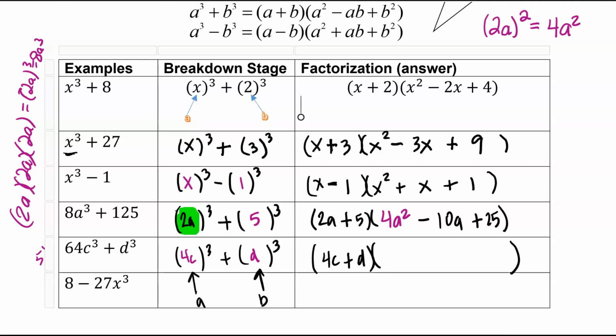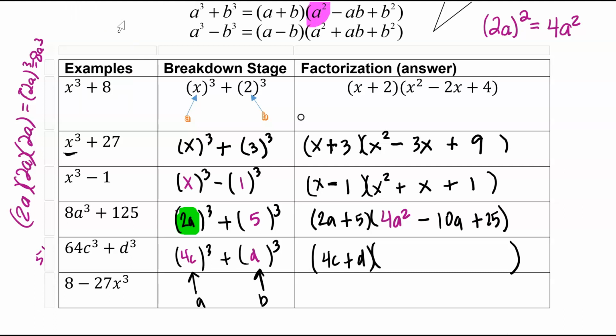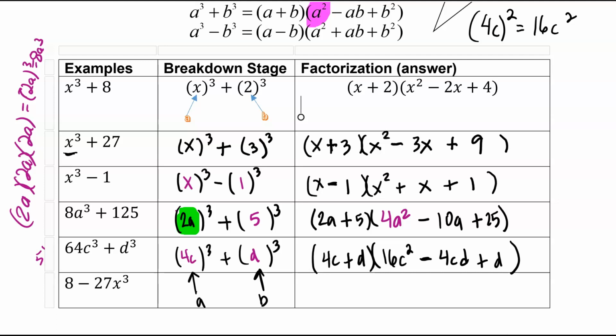This is where most people mess up on this part right here. A squared. Now, what is our A again? Our A is 4c. But if we are squaring it, we get 16c squared. So we write 16c squared minus, now we multiply 4c times d together because that's our A and our B. So 4cd plus d squared.